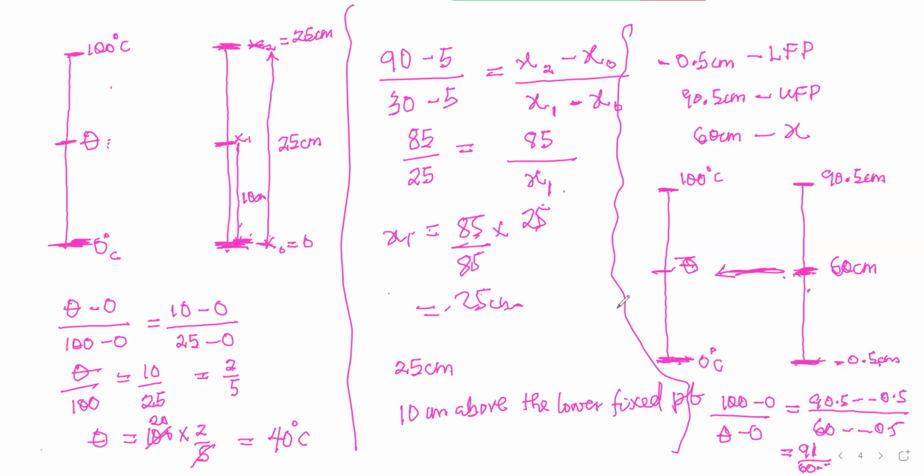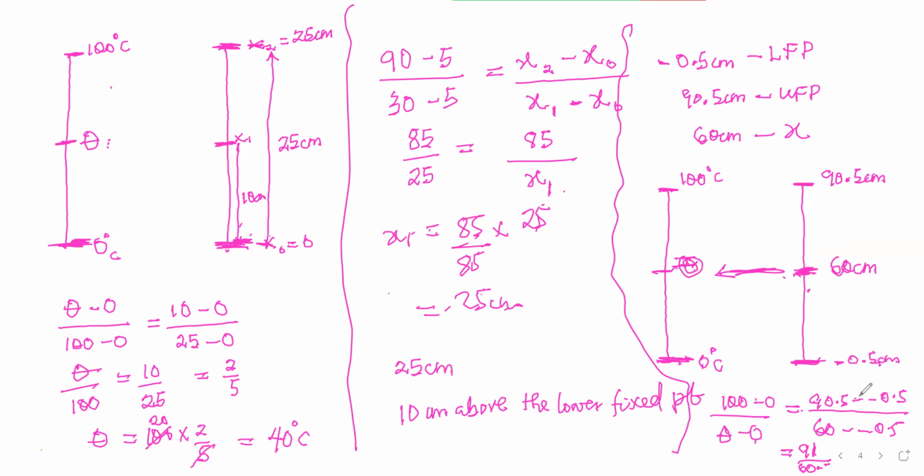Using the Celsius, 100 minus 0, upper fixed point minus lower fixed point, divided by this unknown temperature minus the lower fixed point, must be equal to the same for the length. At 100, we have 90.5. At 0, the length is negative 0.5.